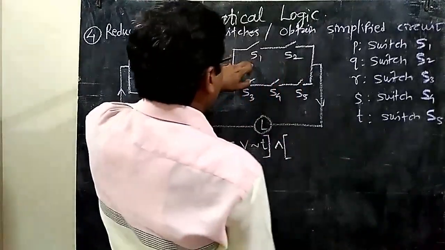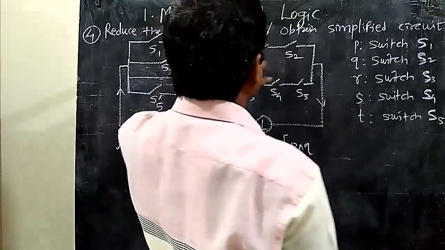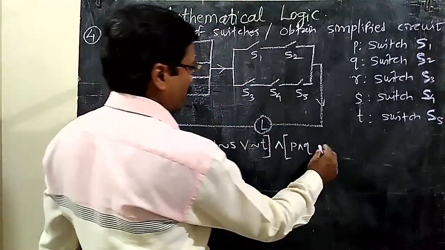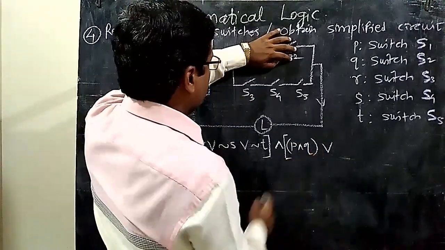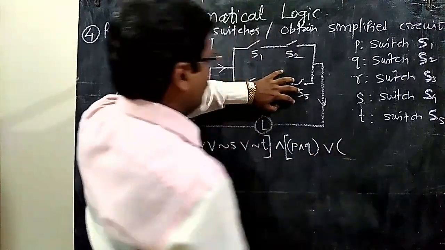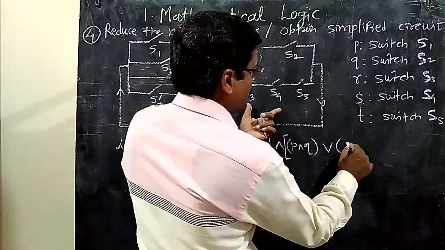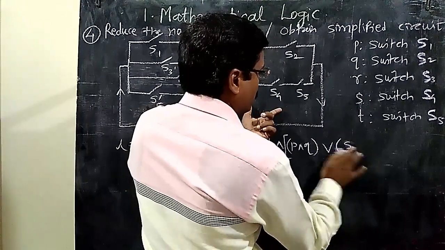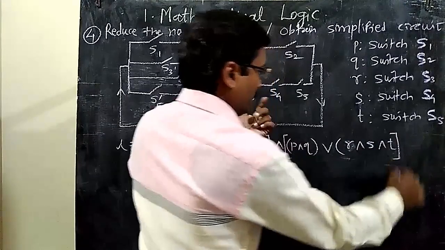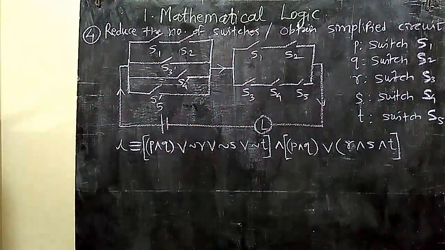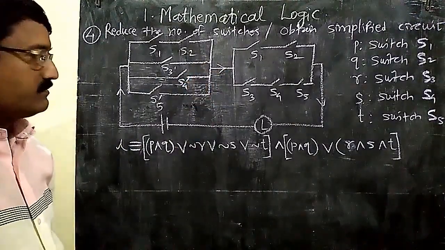So take a bracket, S1 and S2 means P and Q, because S1 and S2 are in series. Or this is one branch, so again a bracket; this is the second branch, so we need a bracket here again, S3, S4, S5. These are in series, those are nothing but R and S and P. This is the symbolic form of this complicated switching circuit.